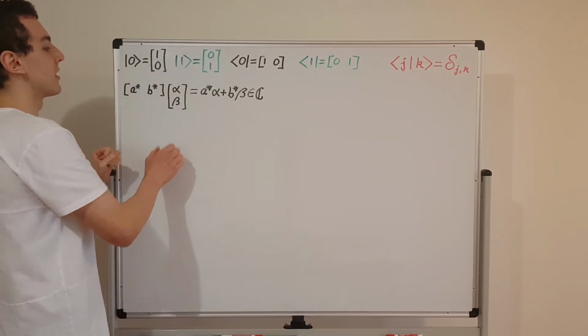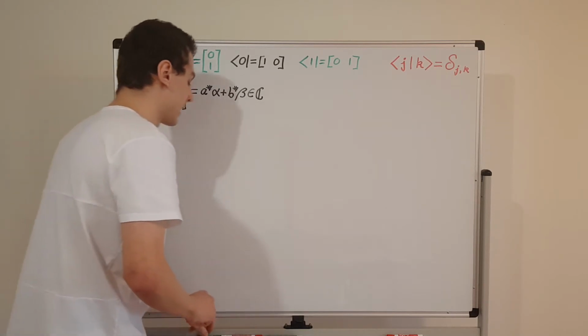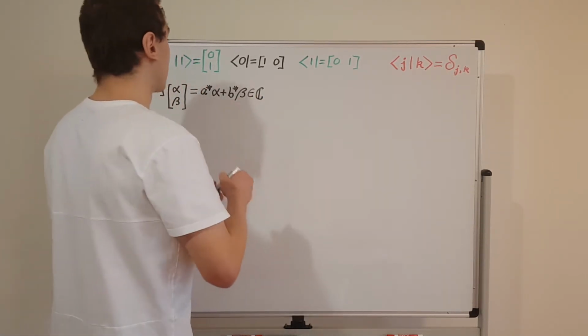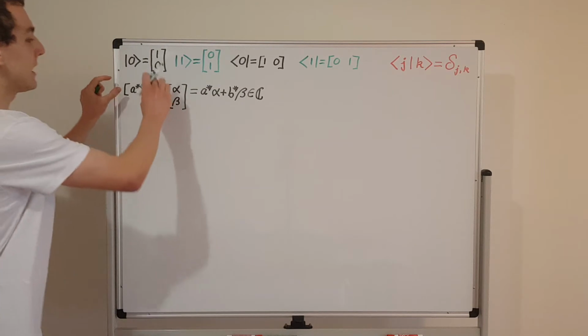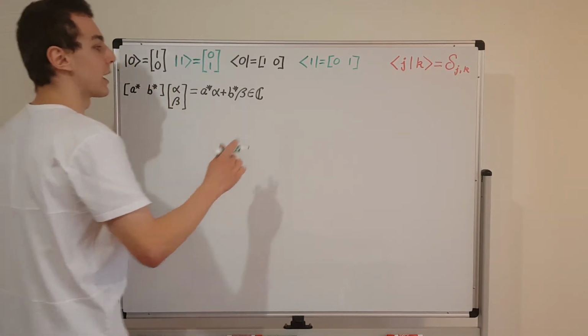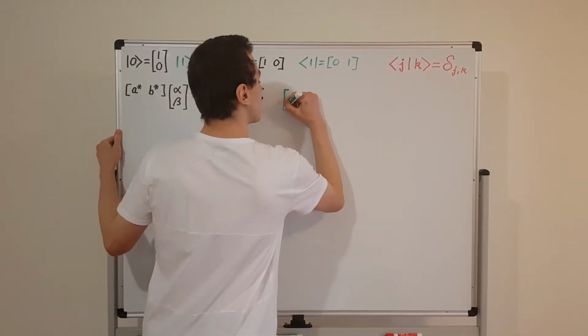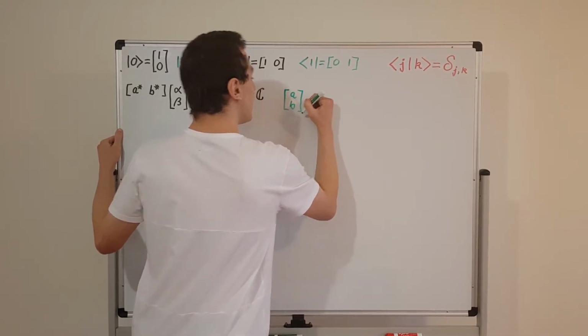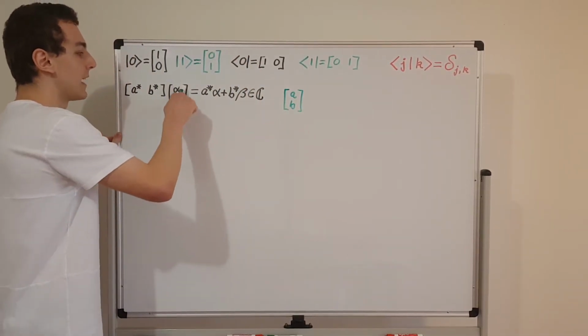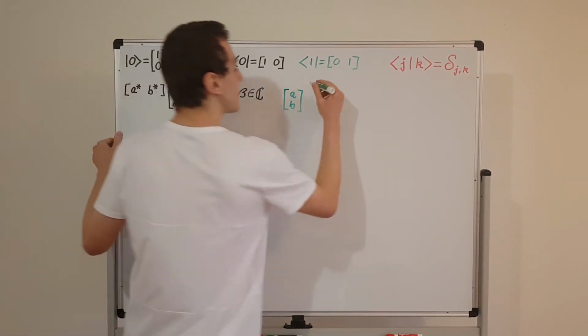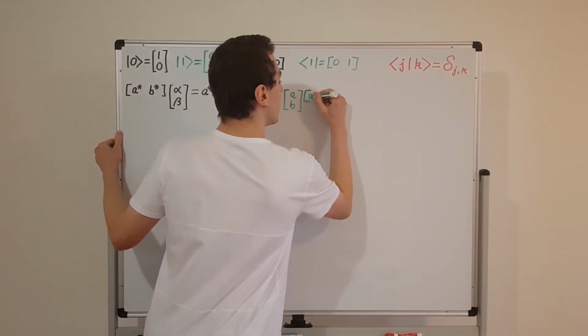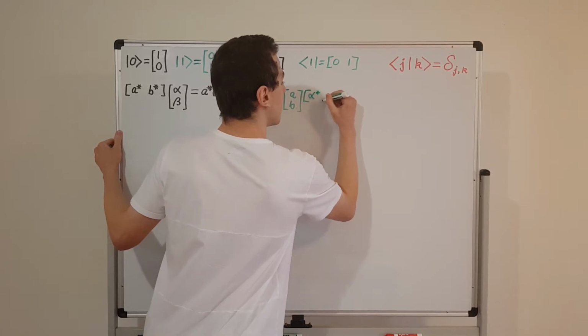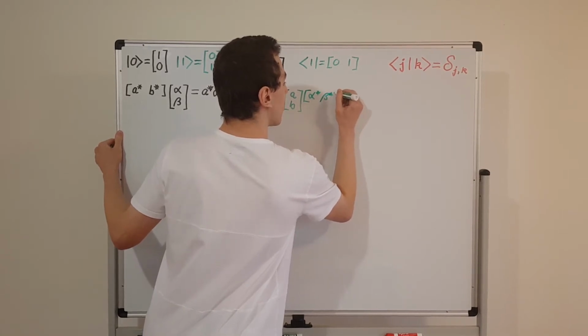What if we put the ket first and then the bra? I'll write the result of that over here. So let's say we take the conjugate transpose of this and get it back to a ket. That's going to give us this column vector, a, b. And then we want a row vector that has been complex conjugated, and that's going to be alpha star, beta star.